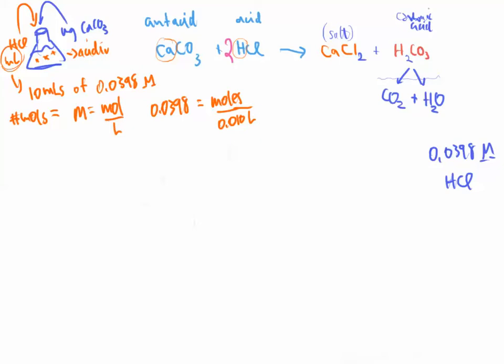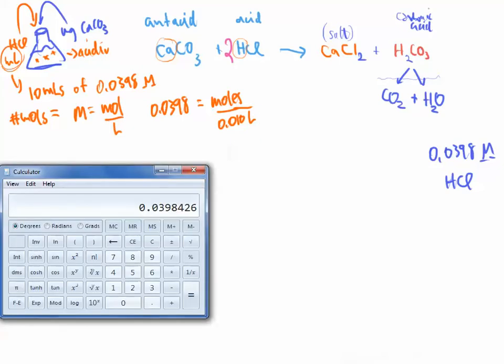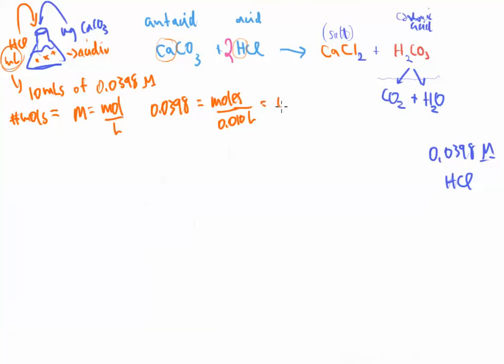So I'm going to pull up my calculator and I'll take 0.0398 and multiply by 0.010 and hit enter, and my moles will end up giving me 0.000410 moles of hydrochloric acid. So that's how much acid I added into the flask in total.